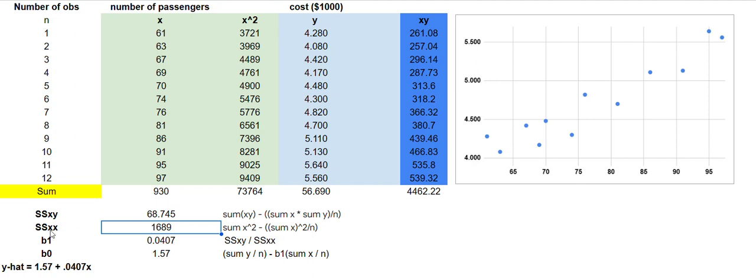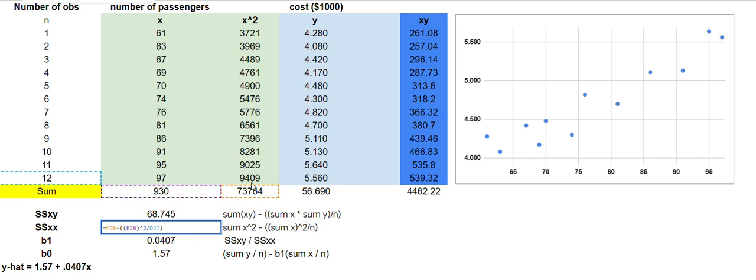Then we move on to the SSXX, which is the sum of x squared minus the sum of x, then squared, divided by n. Let's see that. The sum of x squared is this number, which is basically 61 multiplied by 61, 63 multiplied by 63, and so on.